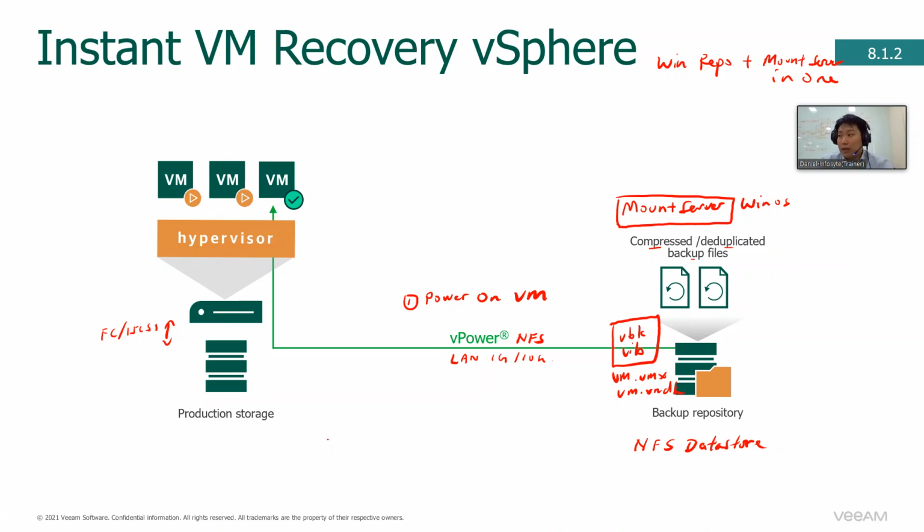And then your backup data is running in your backup repository, not to mention it is compressed and deduped data. In your backup repository, maybe you are using SATA disk, for example, and your production storage is using SSD. Now, because of these type differences, if you use instant VM recovery, your performance will also get slowed down.